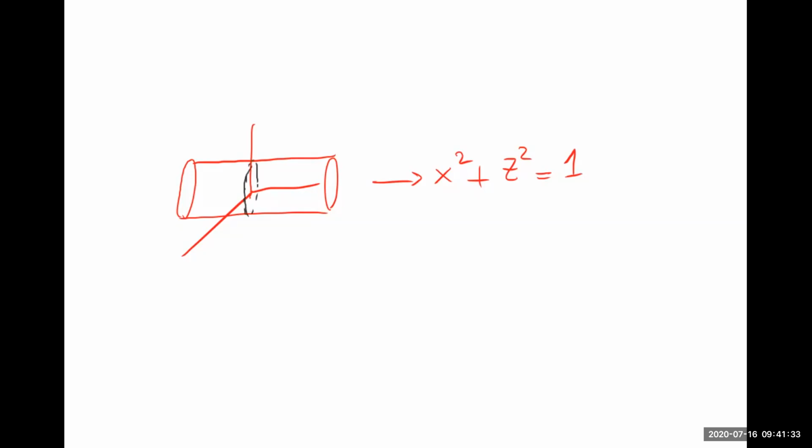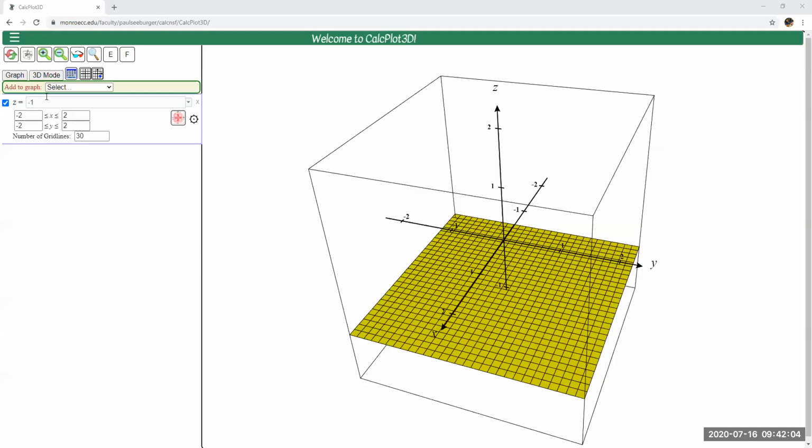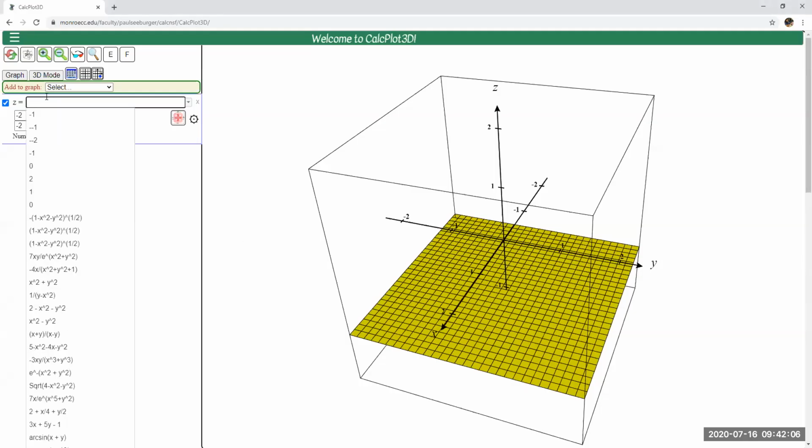So the equation of the cylinder is this: x squared plus z squared equals 1. So z squared is 1 minus x squared. Therefore, z is the square root of 1 minus x squared. But again, remember, we always have plus and minus. Okay, we can use this equation now to graph it also here. So the equation is plus or minus.